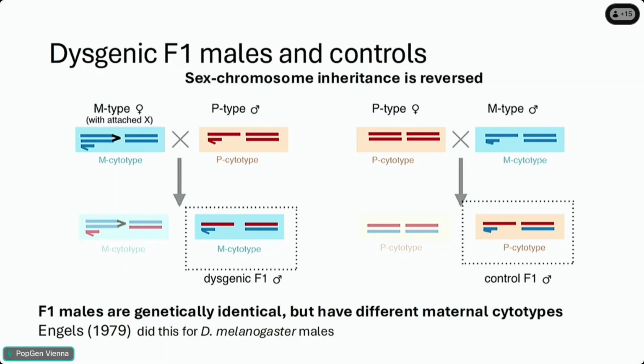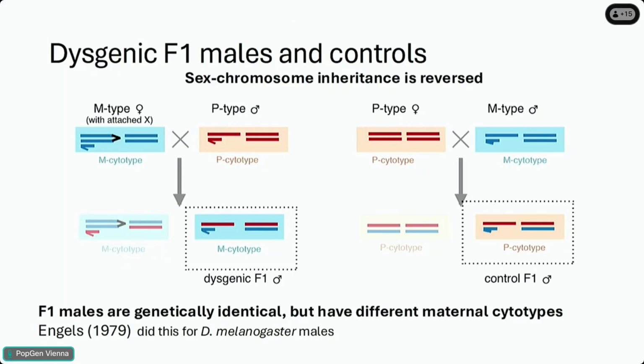If you do the reciprocal cross, the males of this attached X cross are perfectly normal, standard XY males, and they pass on a Y chromosome to their sons, just as God intended, and the sons also get X chromosomes from their mothers. So these guys have swapped sex chromosome inheritance, and you end up with genetically identical F1 males, but importantly, they differ in who their mothers are.